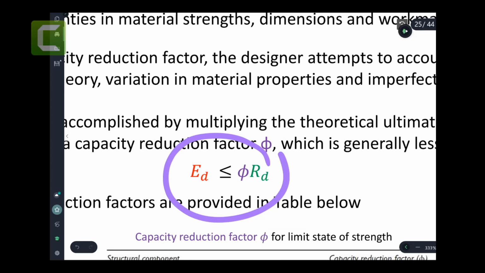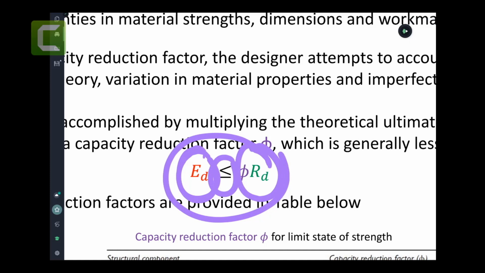So what we do here, we calculate the actions, which we're teaching you this week, and the wind load in the coming two weeks. Ed means the actions, whether wind, dead load or live load, whatever the case is. And then we compare it. We make sure the actions cause stresses equal to or less than the capacity.